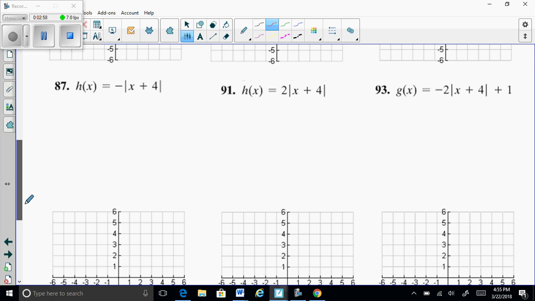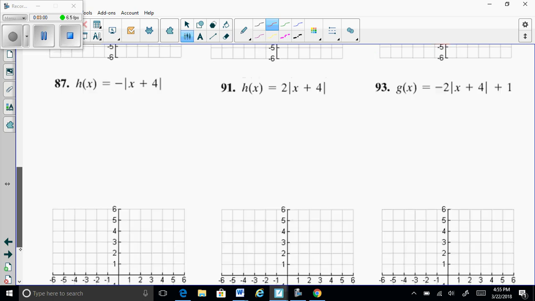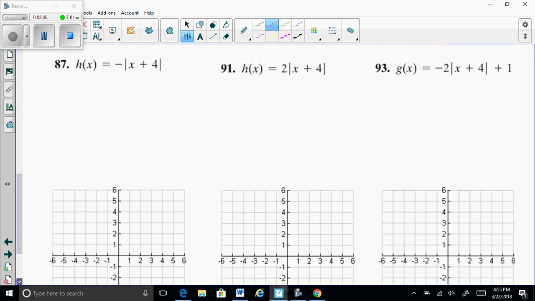All right, so this one we throw a negative out in front of it. And so once again, remember we do horizontal transformations first. So we're going to go left 4, and then this is going to cause us to go across the x-axis. So we can plot those first couple points.